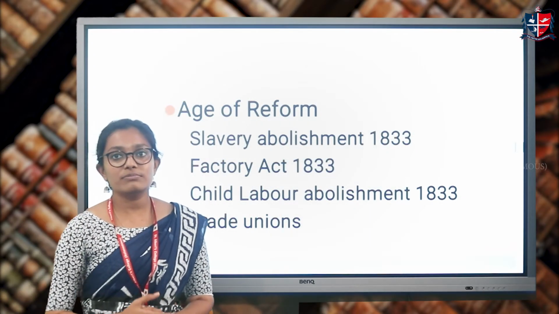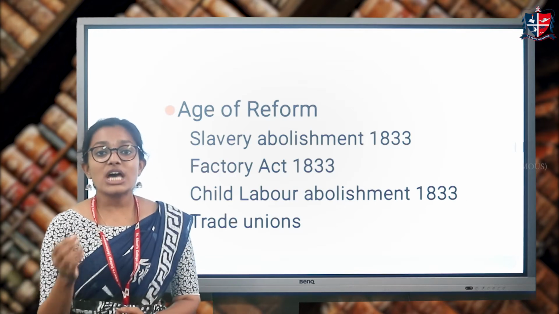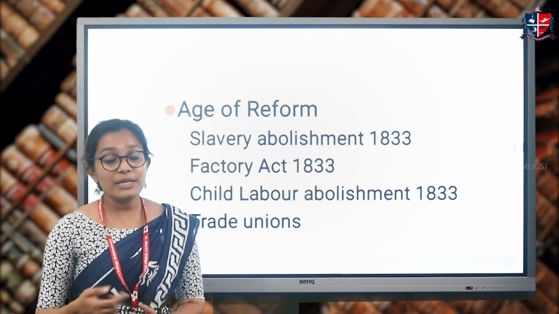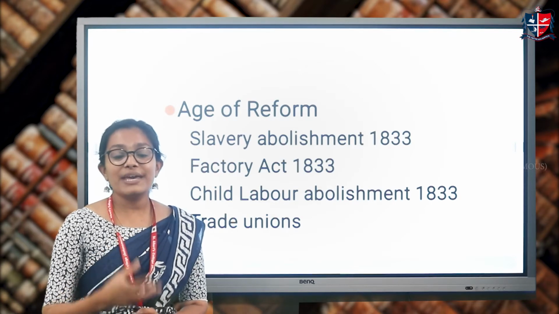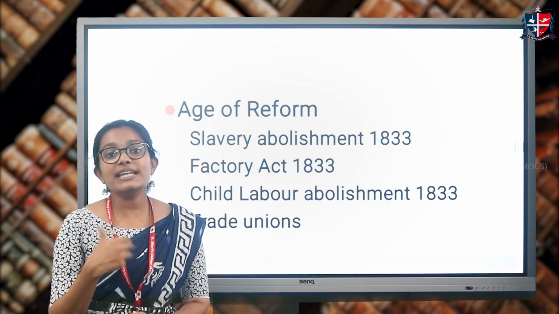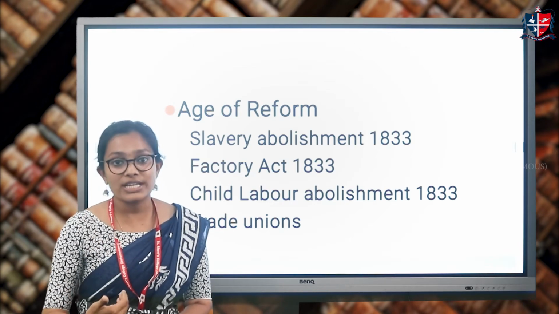And the period is also known as the Age of Reform because at that time reformation happened. Before moving on to this, let's see what Chartism is. Chartism was a movement led by the working class, and the major idea behind this movement was that they needed some reformation. They needed some acts to protect themselves.